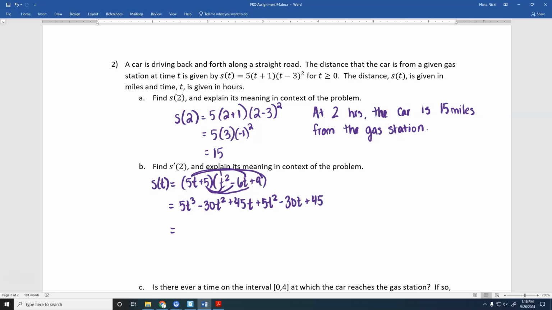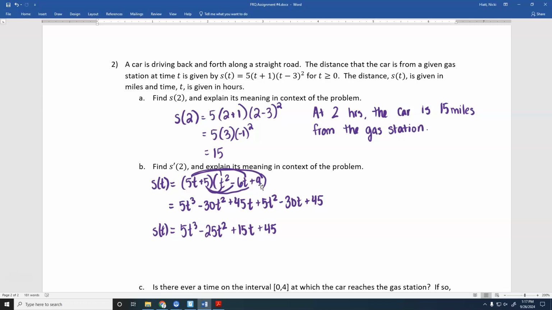And then your life will be easier if you combine your like terms. So you're going to get 5t cubed minus 25t squared plus 15t plus 45.